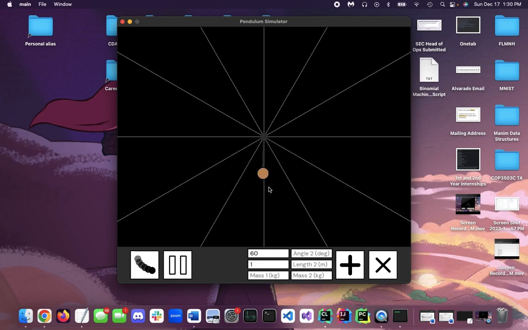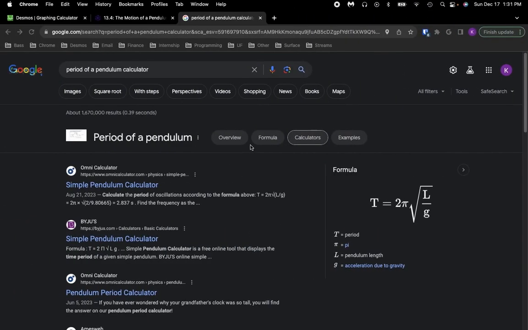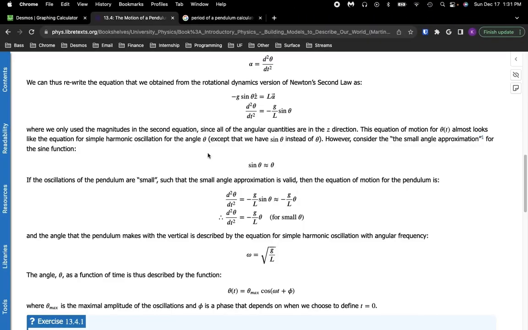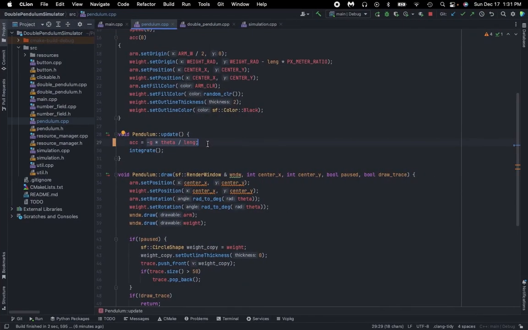But actually this is more inaccurate to the real world, because at 60 degrees, this line would make the small angle approximation not a great approximation. So I'm going to stick with my old version with the sine theta. That's it.